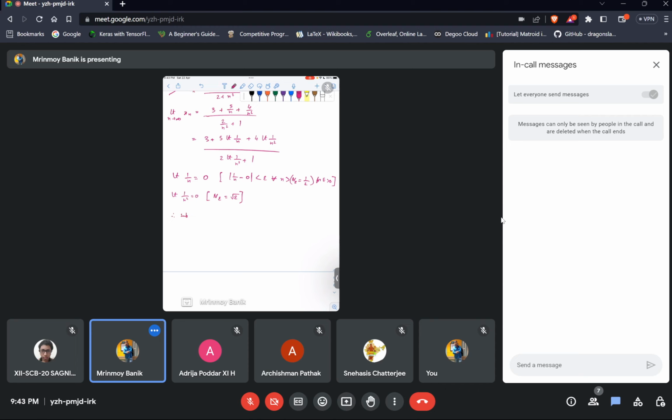Substituting these in 1, we get the limit as n tends to infinity of xn equals 3 plus 0 plus 0 by 0 plus 1. So it's 3. So the limit is 3.